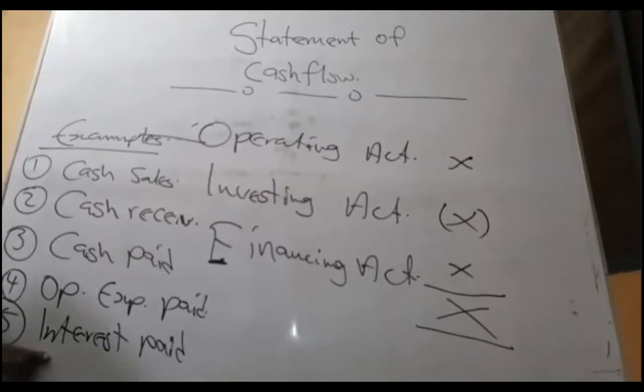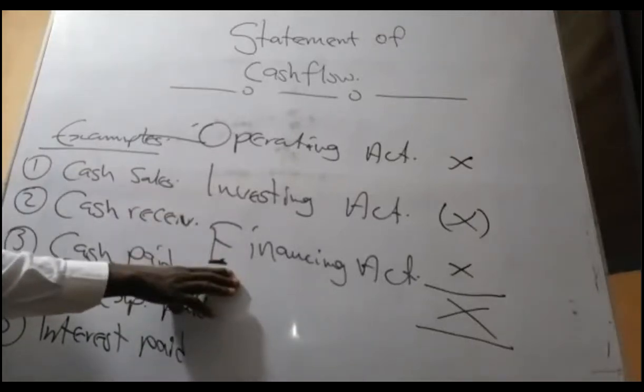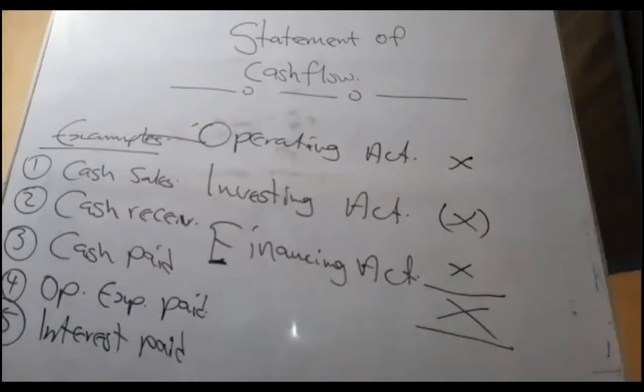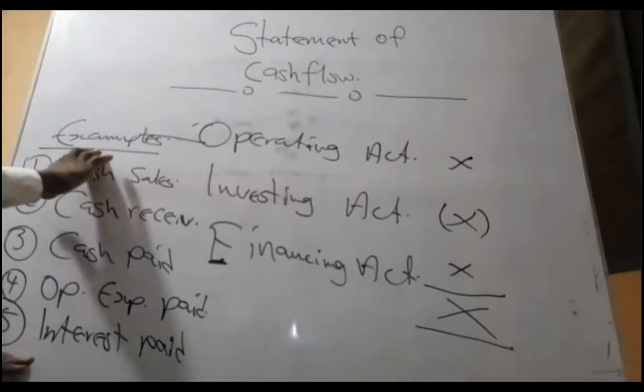However, you can place it either under operating activity or financing. Once they disclose to you that this is a bank or a financial institution, then assume that the interest paid is part of their core operating activity. But in most exam cases, we don't disclose whether they are a financial institution. So take note. If you see this in a question, just assemble them, you are done. These are the operating activities.